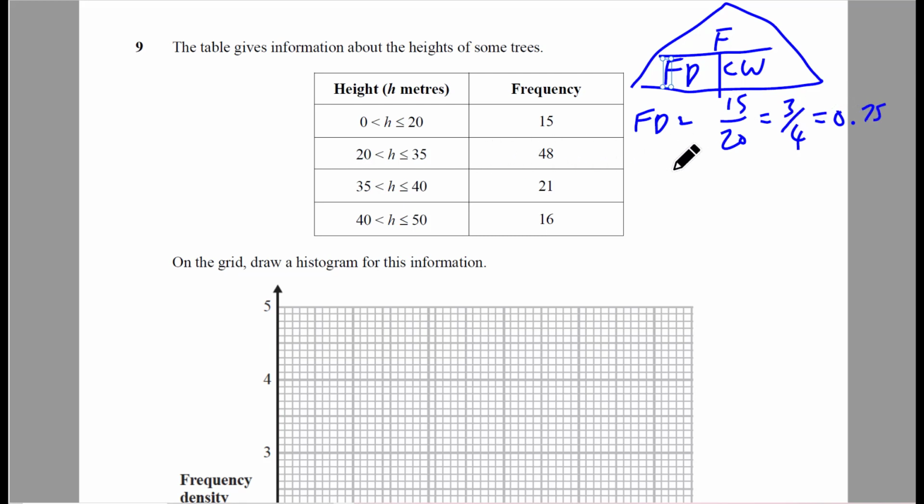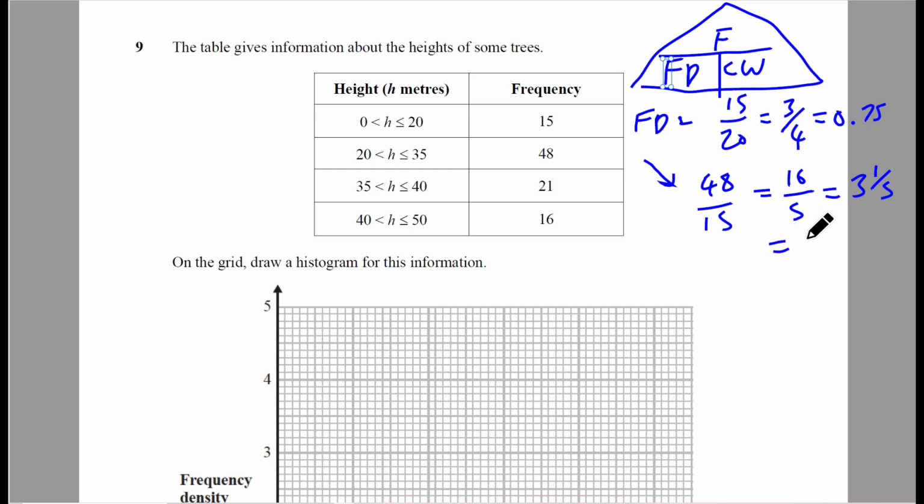Now we're going to get 48 divided by 15 here, which equals, let's simplify that so we can actually work that out. That's divisible by 3, so that's 16 over 5. And if you can see, that's going to be 3 1/5.